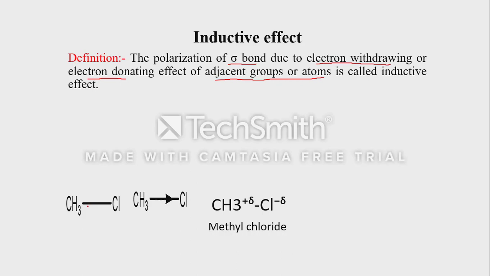In that, the covalent bond is produced by two sigma electrons, one sigma electron from the methyl group and one sigma electron from the chlorine atom. In that, the sigma electrons are shifted from the methyl group towards the chlorine atom.